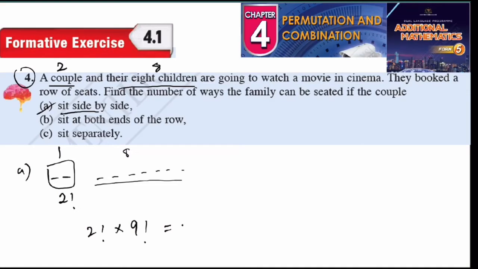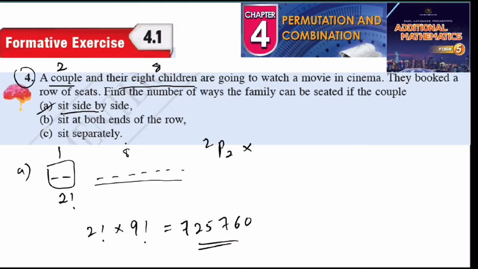We consider the couple as one entity, with the 8 objects which are children. So we arrange the couple first, which is 2P2. After that we arrange all the 9, with the couple considered as one because they need to sit side by side.